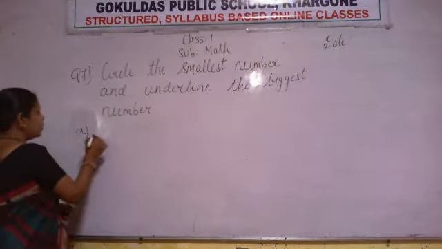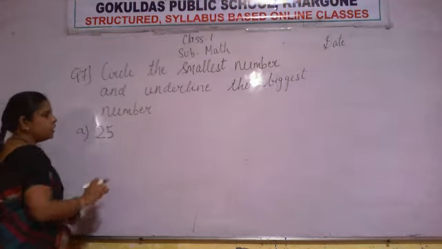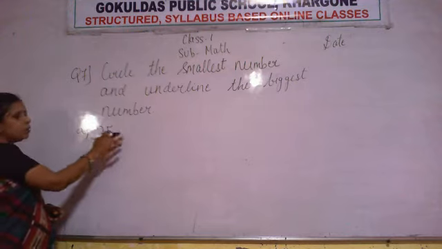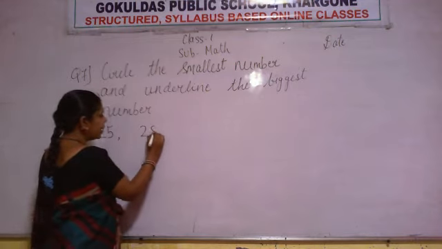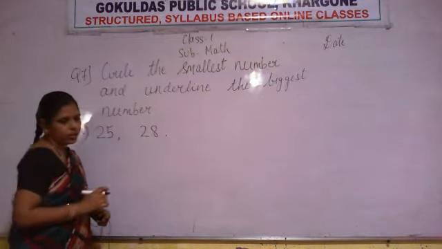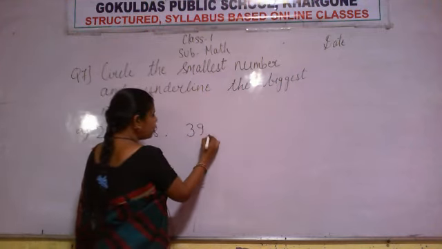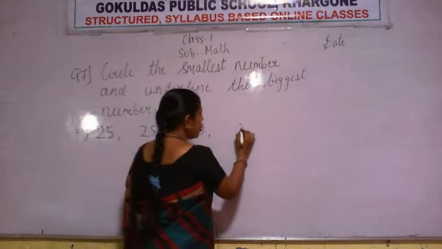The numbers are 25, 28, 39, 32 and 36. After writing one number, you leave one box. Then put a comma, and write the next number. The comma is a symbol we read as comma.